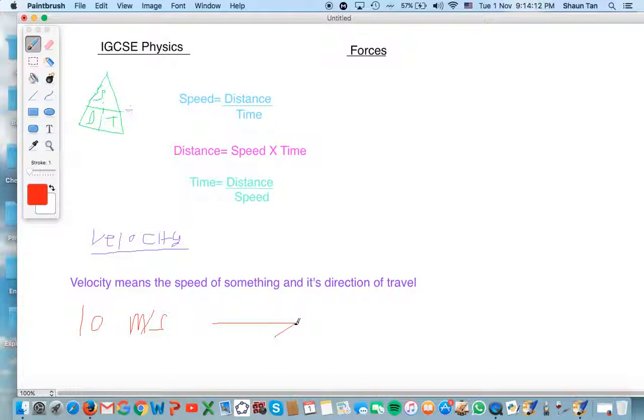So an arrow, basically, in this direction. So know that this is moving to the right. It's very hard writing with a mouse. So then we went to the right, and we write in here 10 m/s.